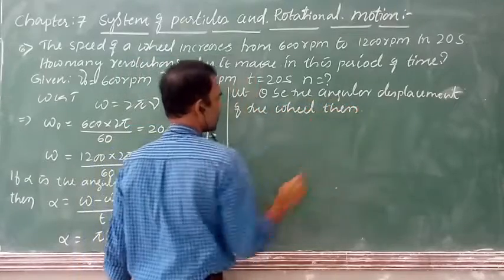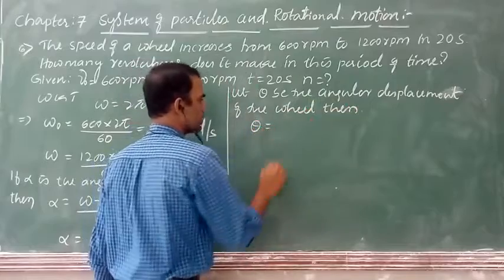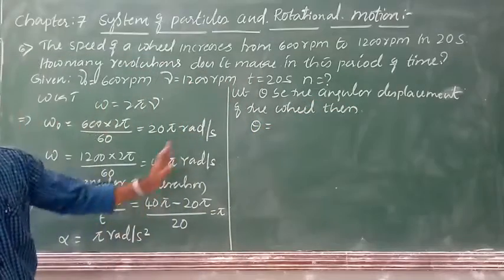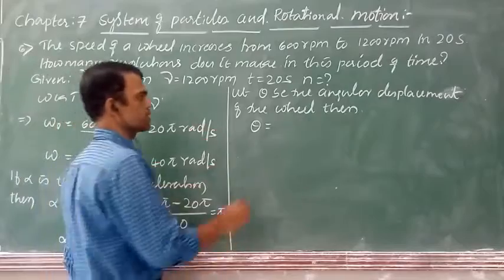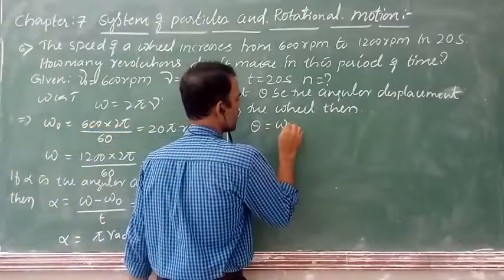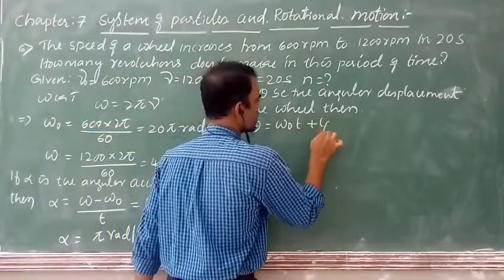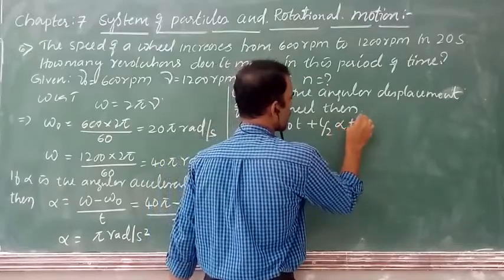Then we know from the basic equation of mechanics, converted into the angular quantity, theta is equal to omega naught t plus half alpha t square.